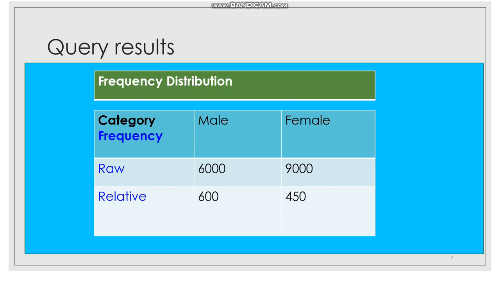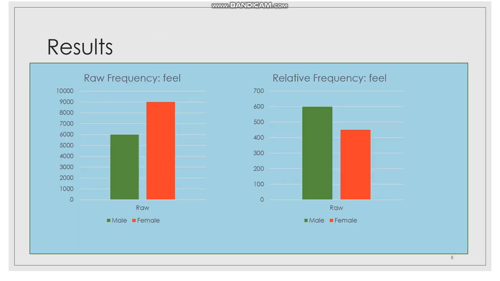These two findings seem to be contradictory. The raw frequency count suggests that female speakers say feel more than male speakers, while the relative frequency count suggests the other way around. Let us discover why the two frequency counts differ.